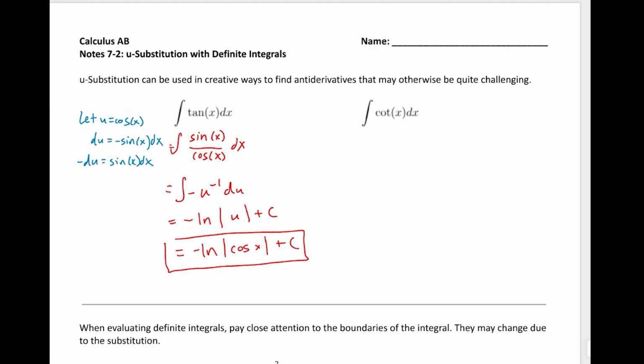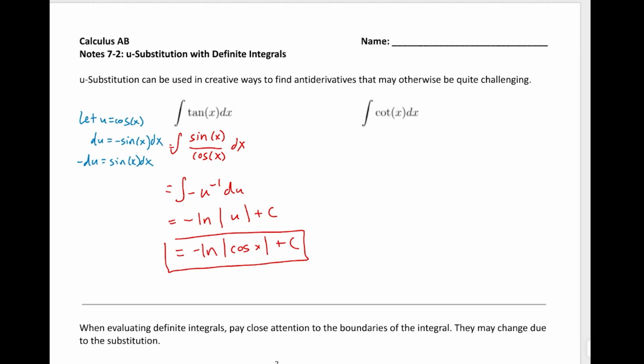But you should know that if you look this integral up online, you might see that some websites have this listed as natural log of the absolute value of secant x. I don't think it's at least immediately obvious how you would even get there, right? How is this equal to natural log of secant x? You see it?